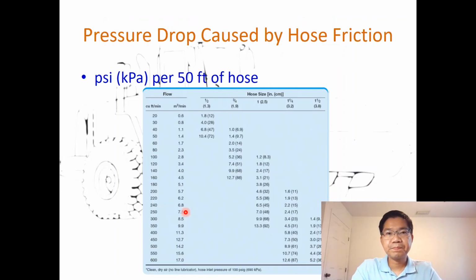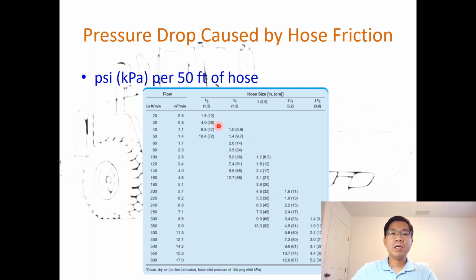And then for the hose, instead of the adjustment for 1000 feet like in the pipe, it's 100 feet. And then of course it depends on the flow, and it depends on the nominal size of the hose. The same process we did for the pipe, but you see it's for 100 feet.